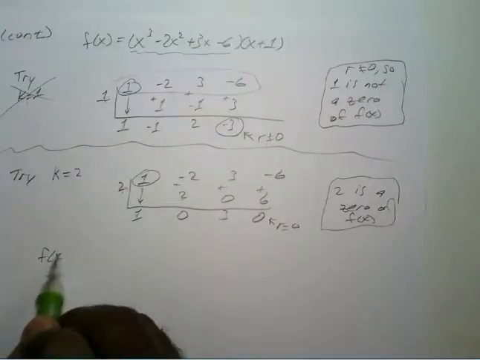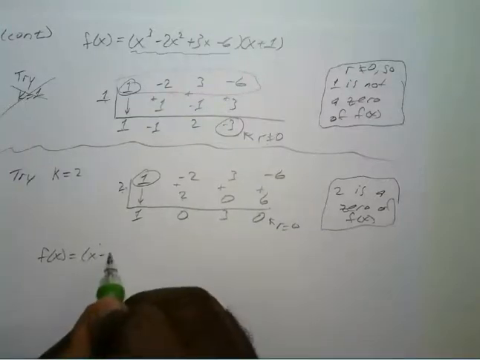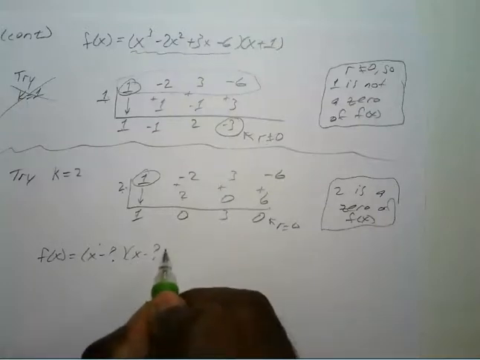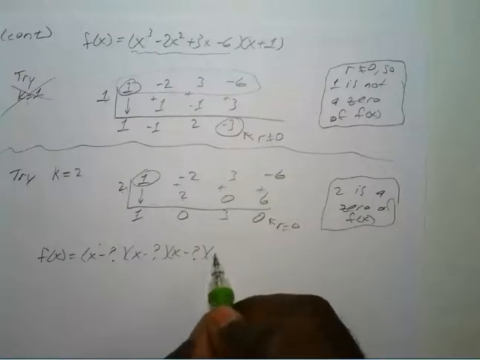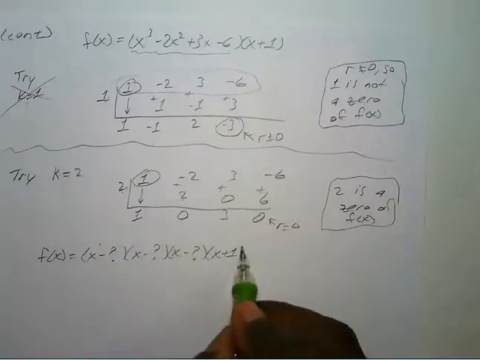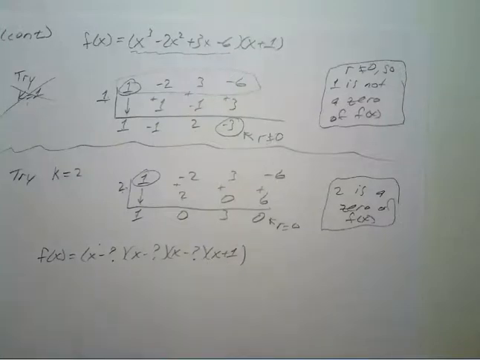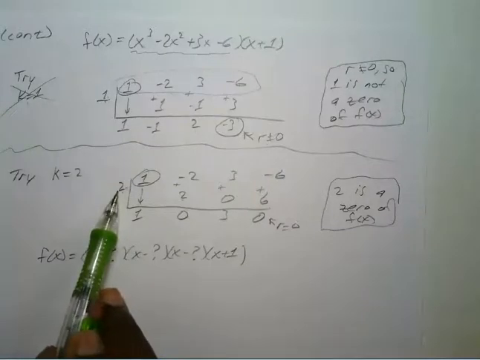Remember, we had f of x equals x minus something times x minus something times x minus something times x plus 1, because we figured out that -1 is a 0. Because you plug in -1, you get 0, which makes everything a 0. Now we just figured out that x equals 2 is a 0.